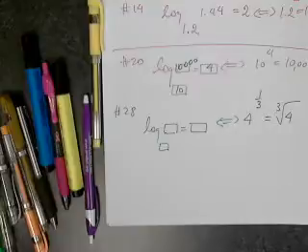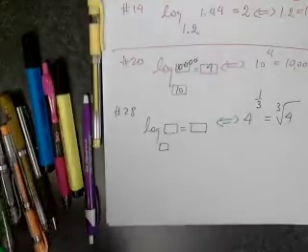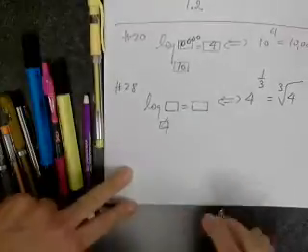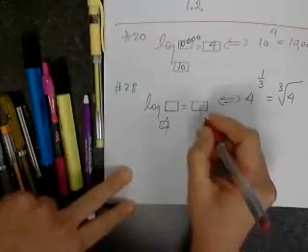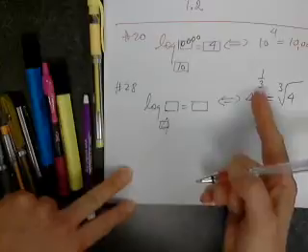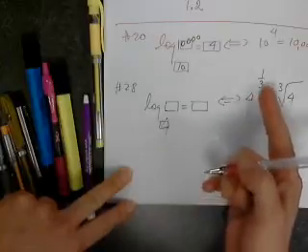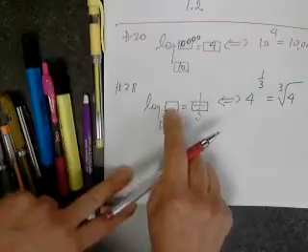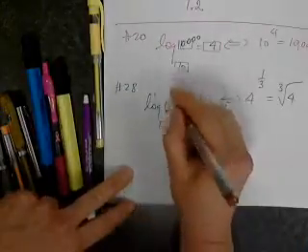So what is the base? Exactly. What number do I raise it to? 1/3. So this is the base and this is the power, 1/3. And what do I have here? The cube root of 4.